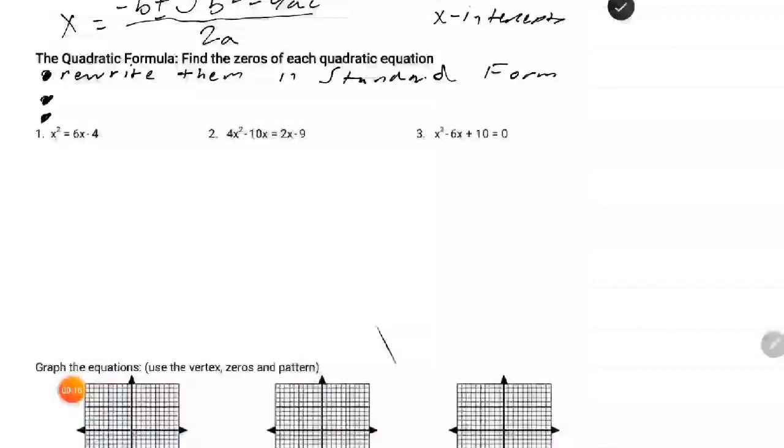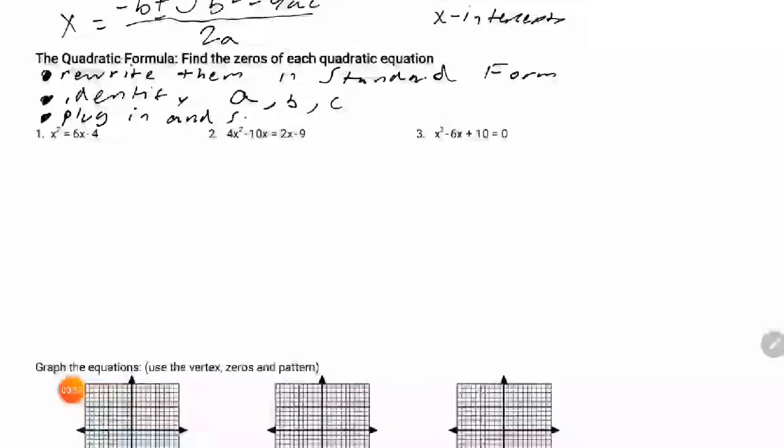We do that in order to identify our a value, our b value, and our c value. Then once we have those, we just plug them in and solve. So here we go. Number 1.